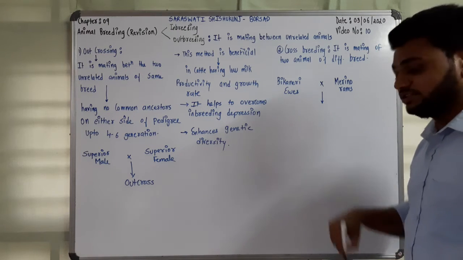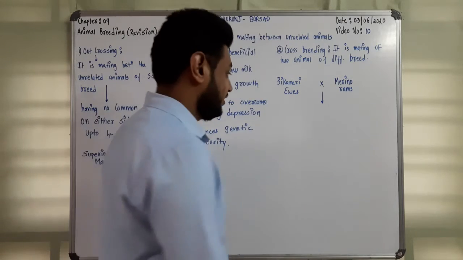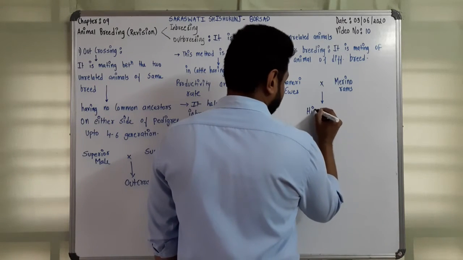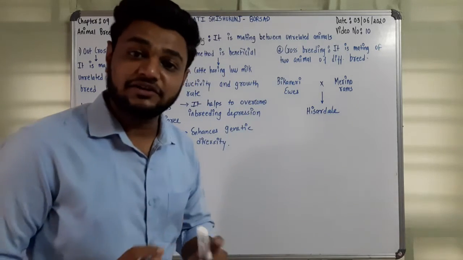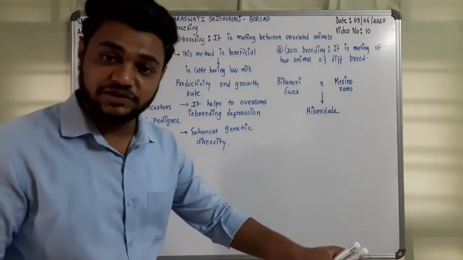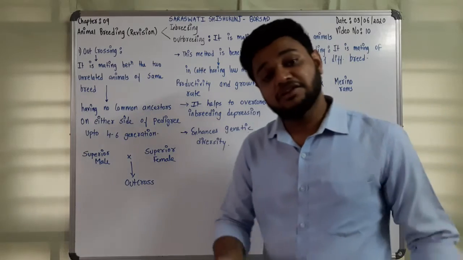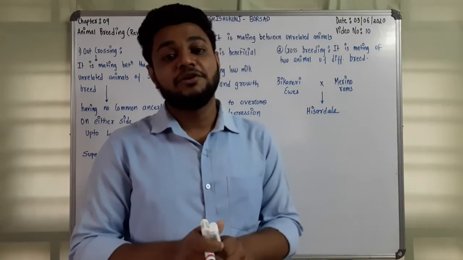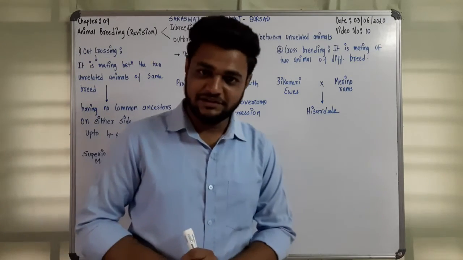When that is crossed, we get an offspring referred to as Hisardale. Both the animals are superior, and the offspring has the characteristics of both, meaning we can combine the two characters in this offspring.